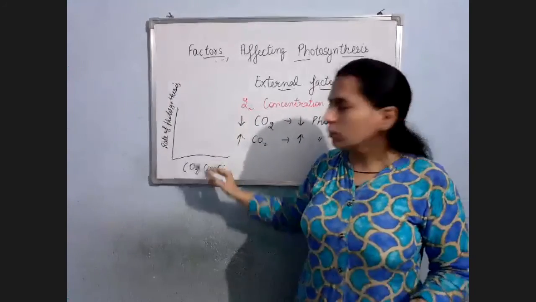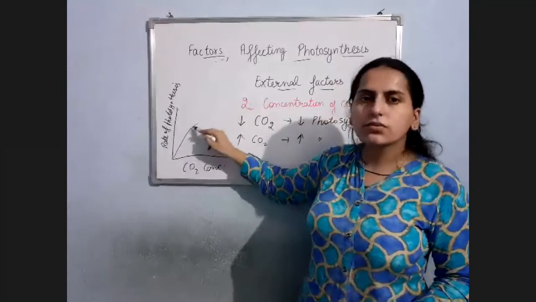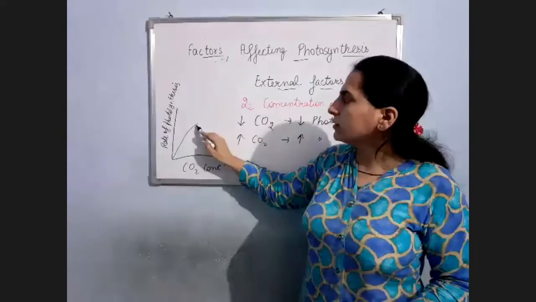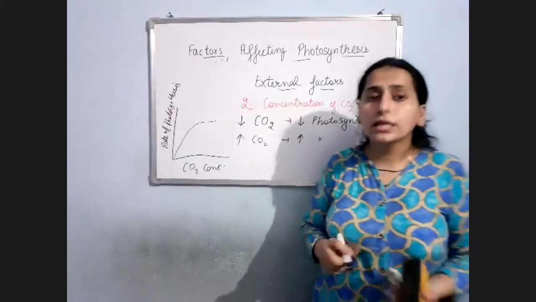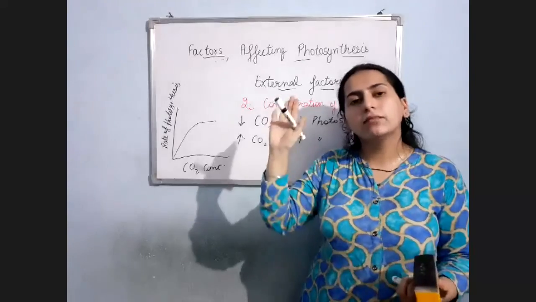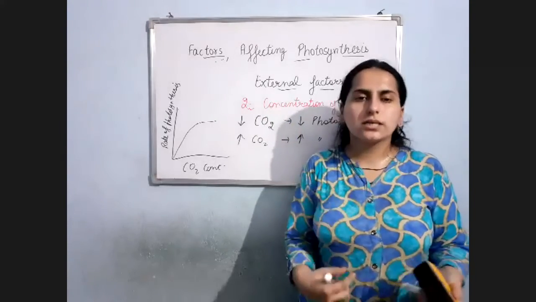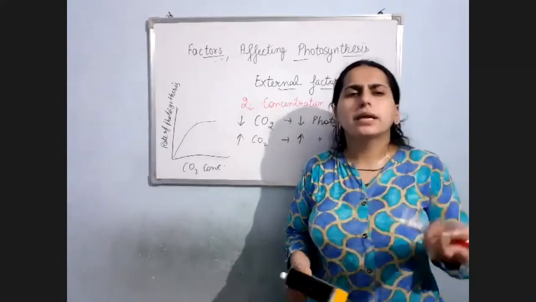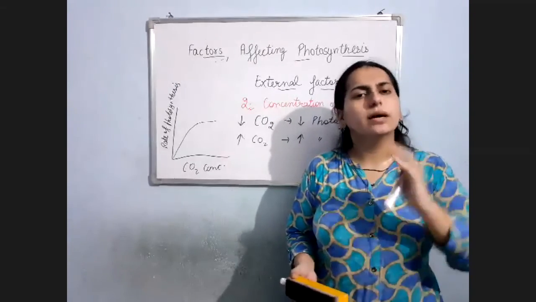As you know, if the CO2 increases, then photosynthesis will increase, and after that, it will become stable. It will not increase. But if the CO2 concentration is increased beyond that level also, then what will happen? It will act as a toxic substance to the plant. The plant may die, or some kind of abnormal situations could arise.